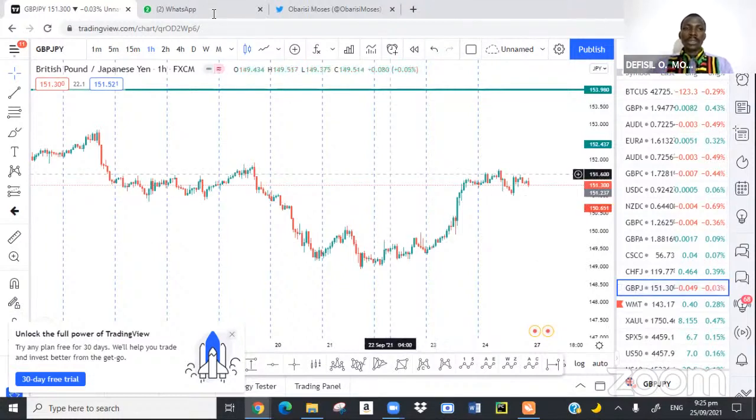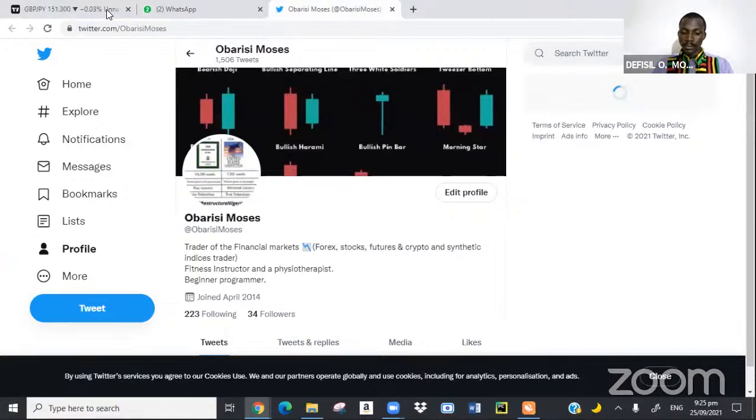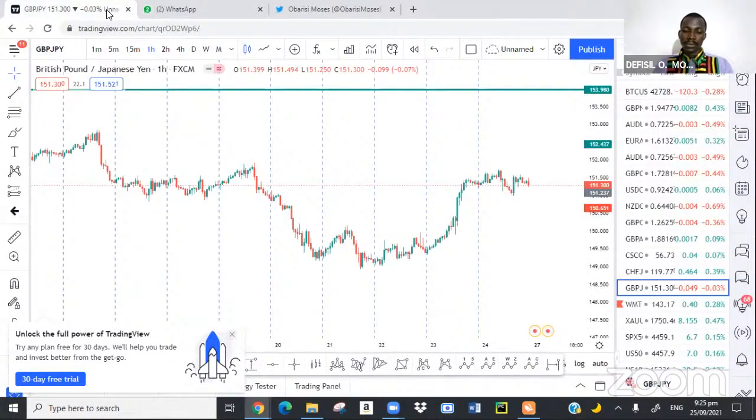Let's look at what the pound yen is doing at the moment.